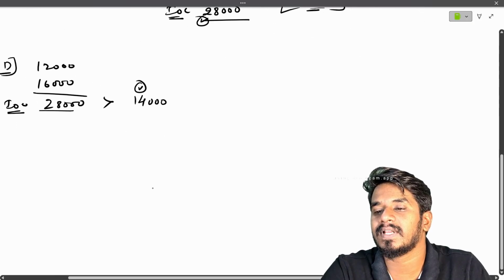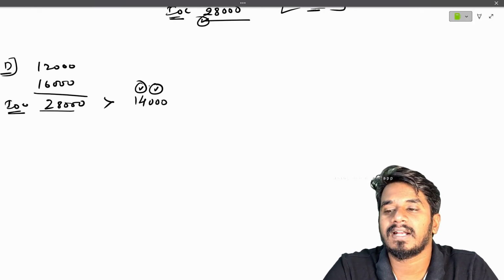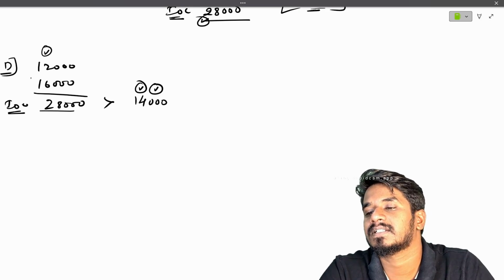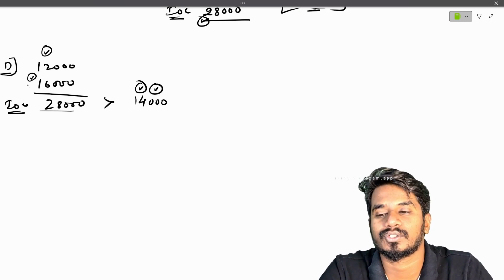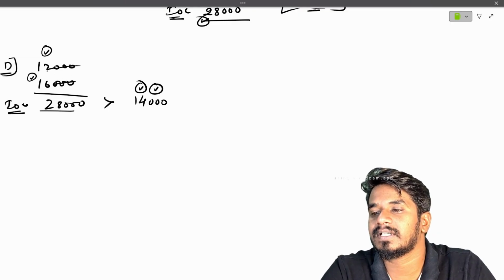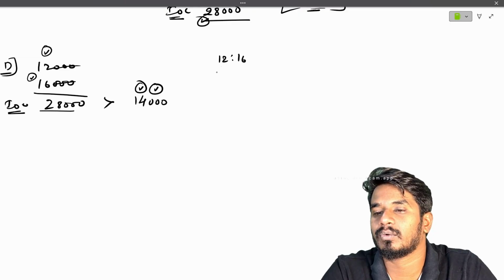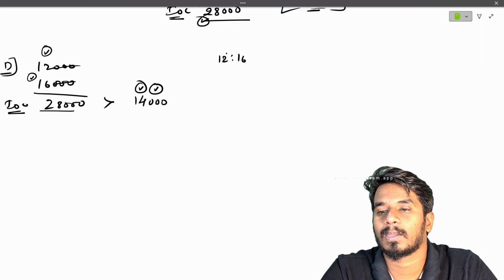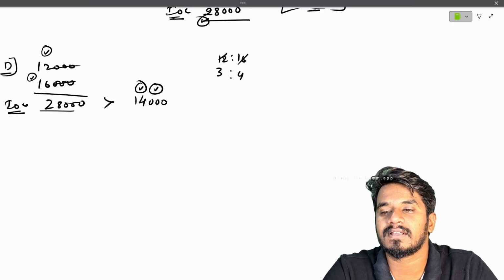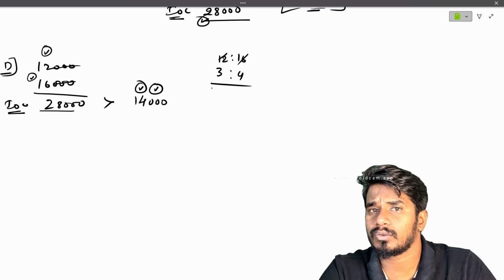So in this case, we will share the 14,000 profit in the interest on capital ratio. How do we find it? Three zeros cancelled, and let me write 12 is to 16. Four threes are 12, four fours are 16, so it will come out as 3 is to 4.